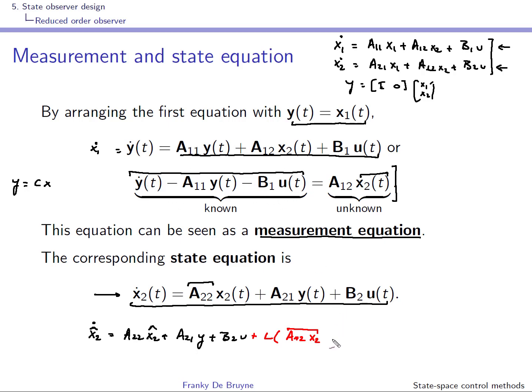Okay, minus the A12 x2 hat here, that comes from, well, the reduced observer, and in here we'll be able to compare something that comes from the system that can be constructed from known signals, and something that comes from the observer. And this is how we're going to ensure that we can obtain x2 hat even if this matrix here is unstable, and that we can use this term here to influence the dynamics of the reduced order observer.